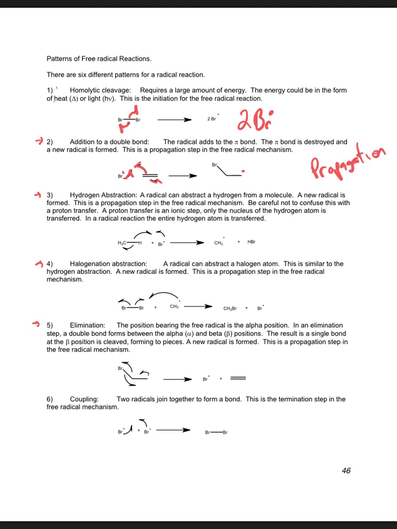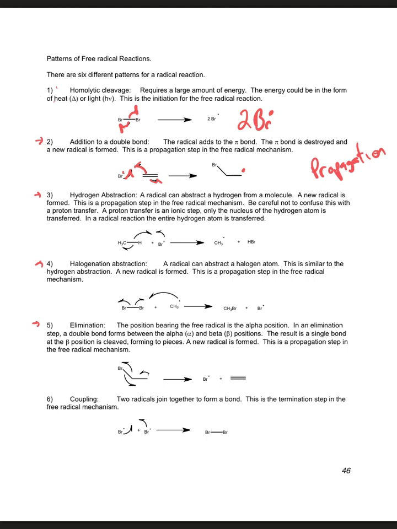A propagation step is where we take something and we form a new one of it, just like when you propagate a plant. Take a cutting off a plant, stick it in dirt, and it grows a new one. You've propagated the plant. Here, we've taken a radical and we've propagated it by forming a new radical. So in the first one, the addition to a pi bond, we add it in and we break the pi bond. We get a new radical on one end, and the bromine adding to the other end.